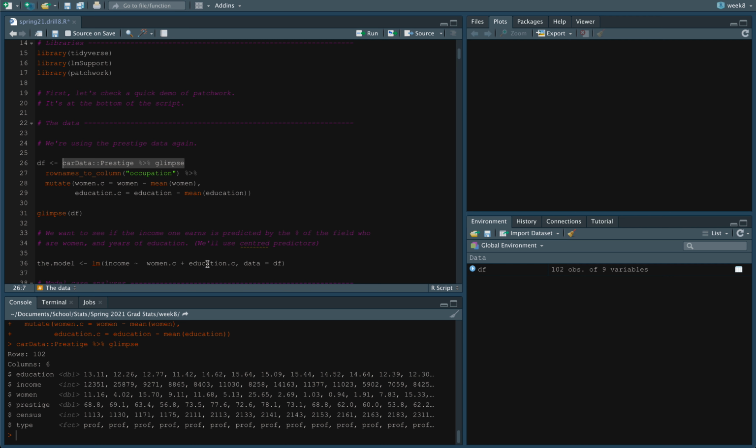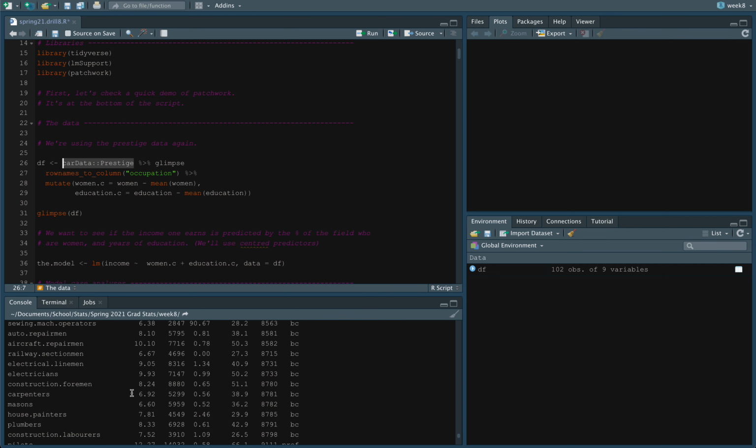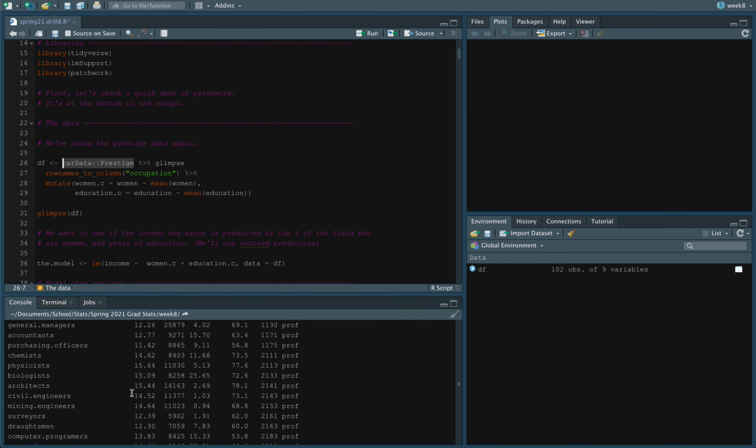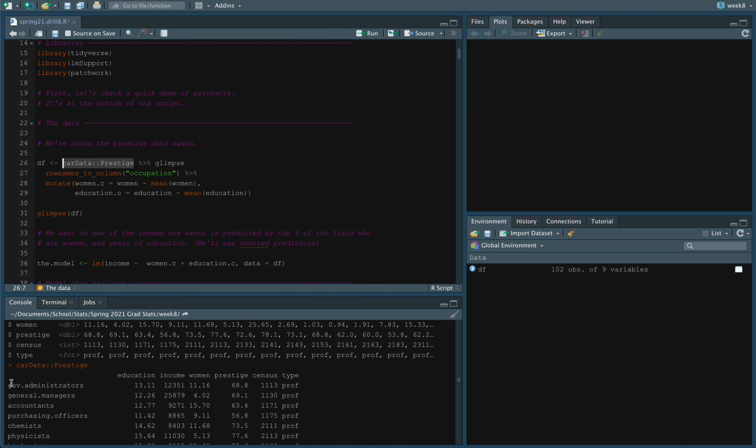One thing is that the prestige data set, unfortunately, has row names instead of row numbers. The row names are the actual job titles, the occupations that are in this data set.